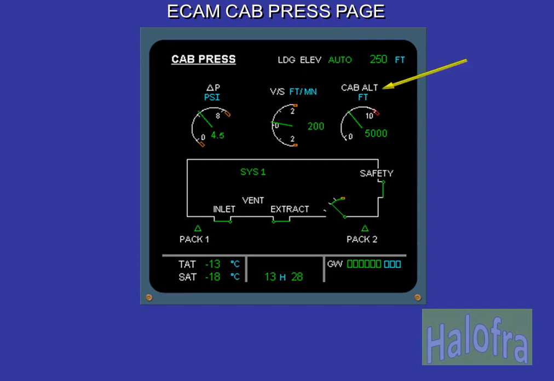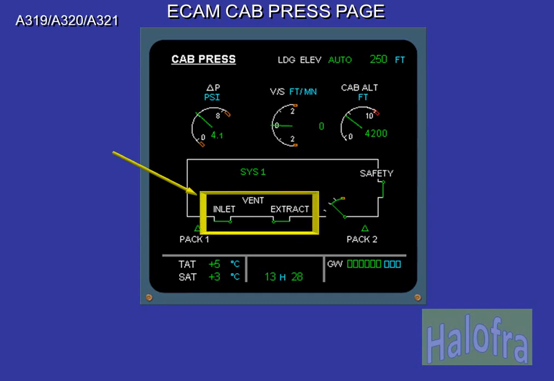The cabin altitude is also shown. The landing elevation auto or manual mode is also shown with the altitude of the destination airport. The vent, inlet, and extract indications are associated with the avionics ventilation system.